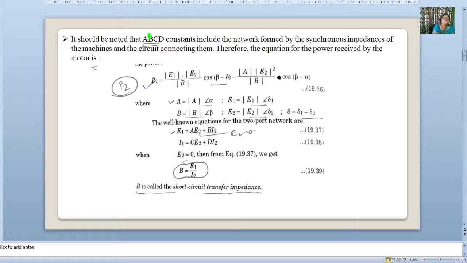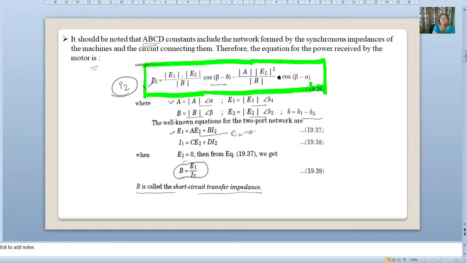What is important in this? This formula is important. Based on this formula, you have to solve the problems. Keep this in mind.